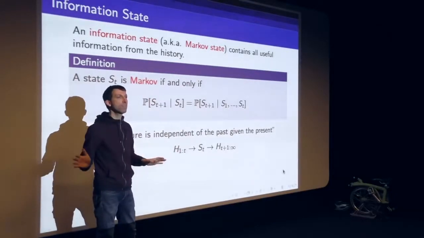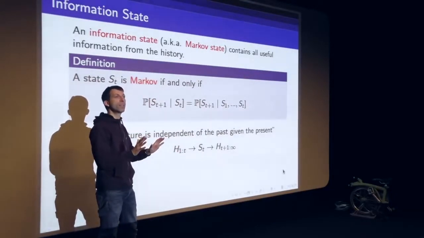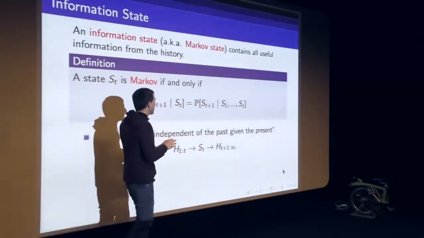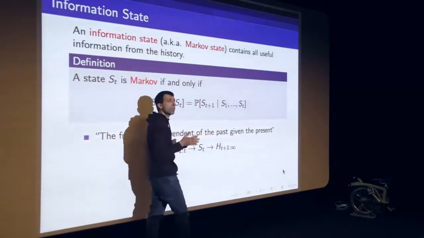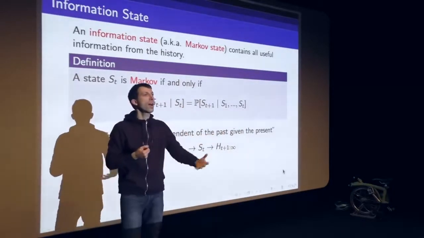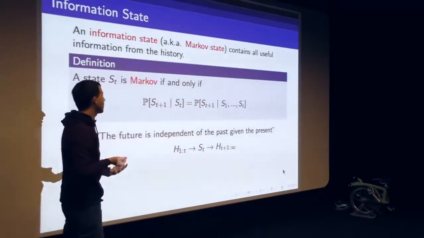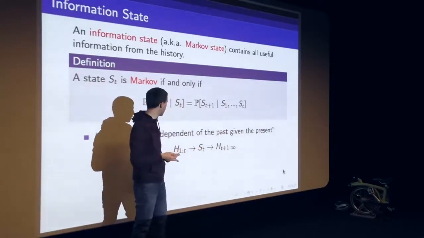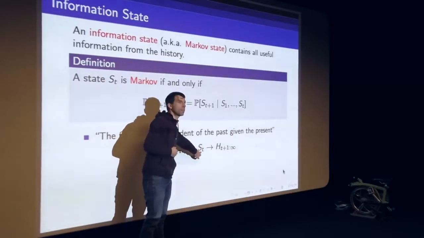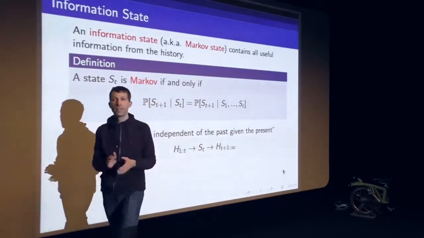It means you can throw away everything that came before, just keep your state, and you're good, because you haven't given up anything. That state still characterizes everything about the future, all future observations, actions, rewards. The distribution over those events is the same conditioned on your state as it is conditioned on the whole history. So you can work with something much more compact, and everything will be fine.